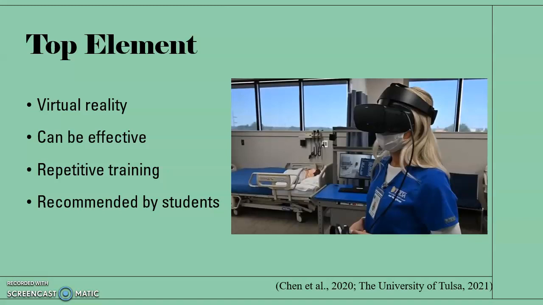While there are many advantages to VR, some research has shown that it is not more effective than other traditional methods of simulation. However, student participants in one study recommended VR for nursing education. At this time, it may be best to have VR as a complement to other simulation strategies to improve quality and safety in clinical practice.